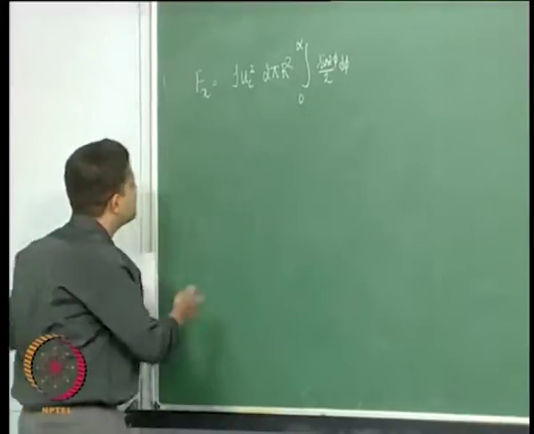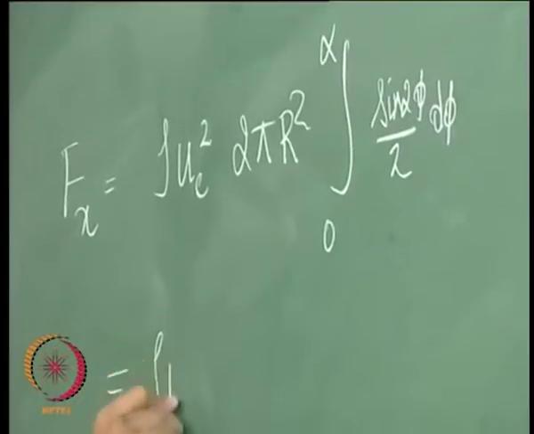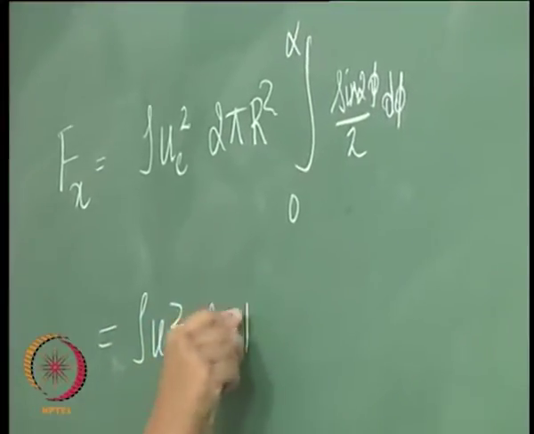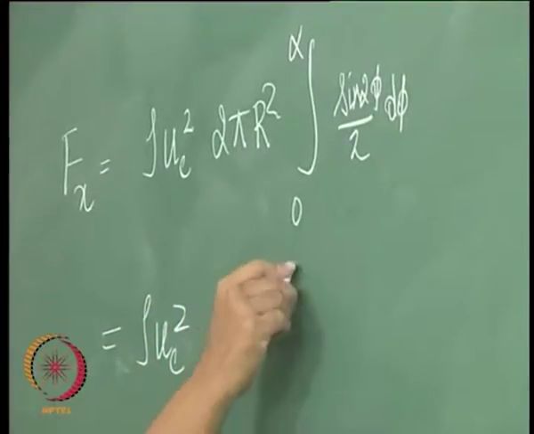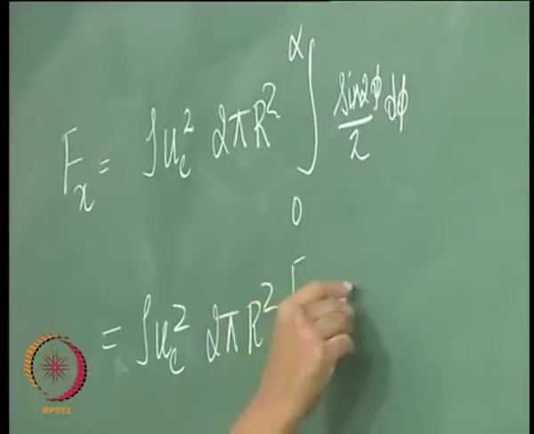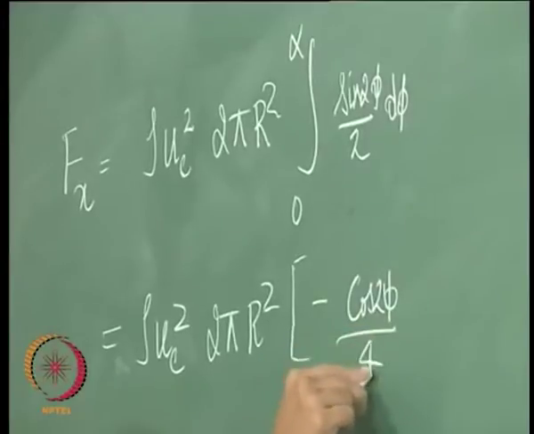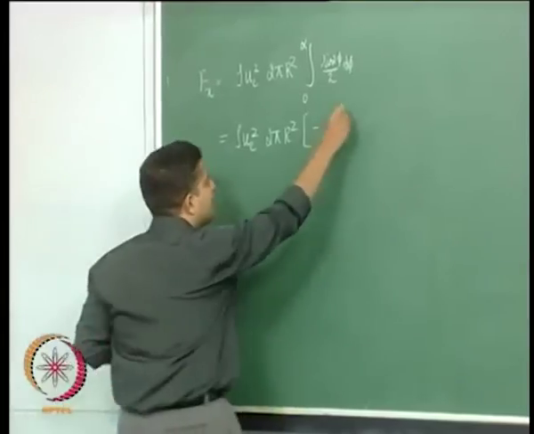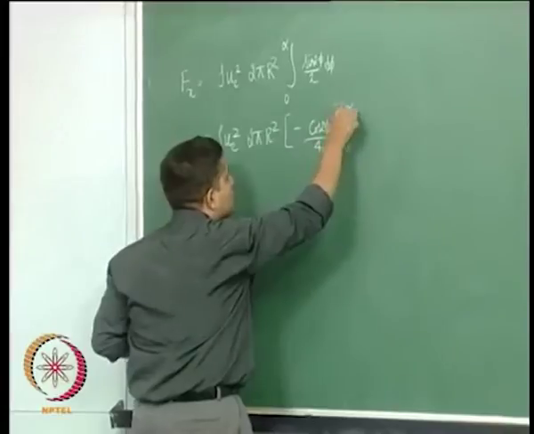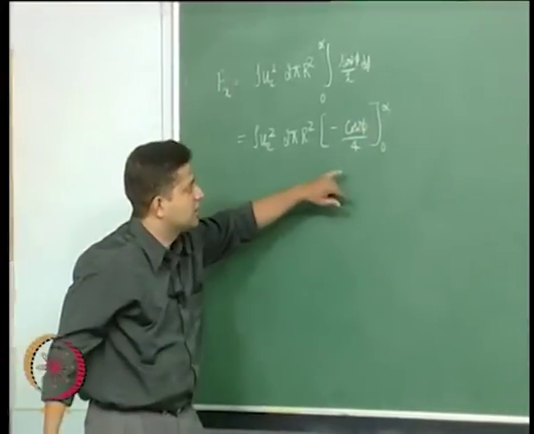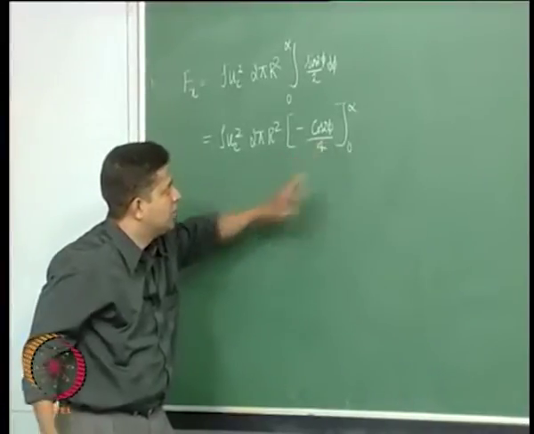Minus cos 2 phi by 4, 0 to alpha. So, what is this?